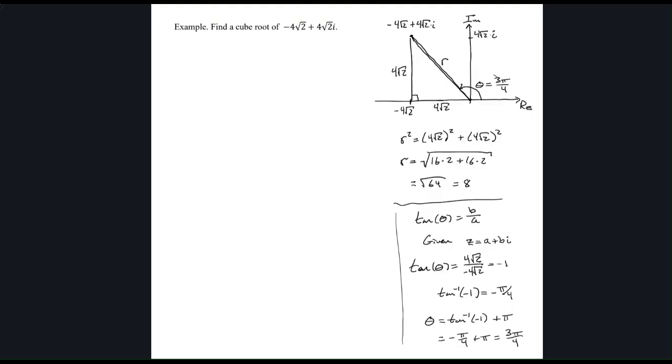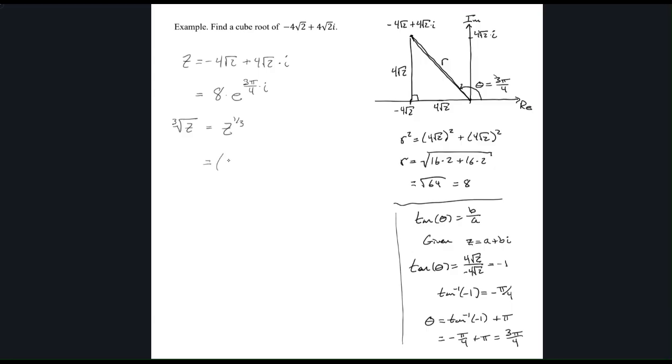Okay, with this we have our radius of 8, we have our theta of 3 pi over 4. We can take our complex number z, which in standard form is negative 4 root 2 plus 4 root 2 times i, and rewrite it in its polar form as 8 times e to the 3 pi over 4 times i. And if we want to take a cube root of this value, that's z to the 1/3 power in exponent form.